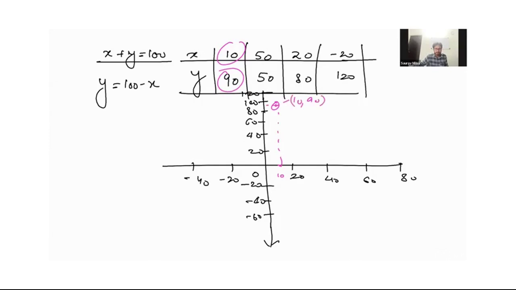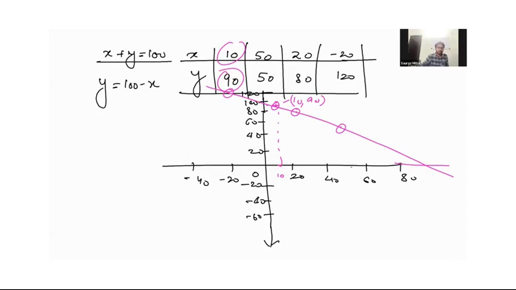Next is 50 comma 50. Then 20 comma 80, there will be some point there. And at last is minus 20 comma 120. So you will get your line joining like this.